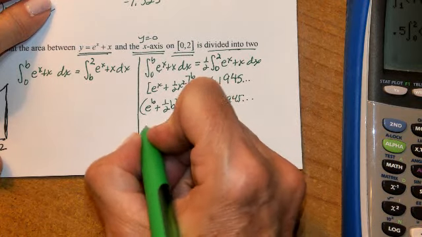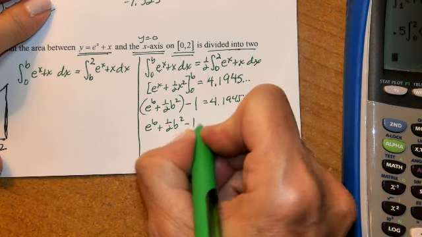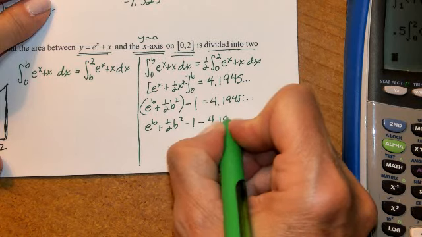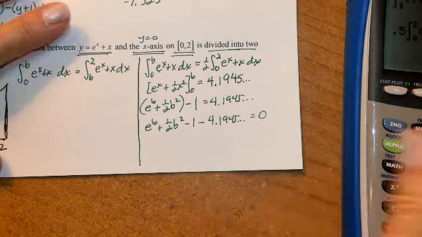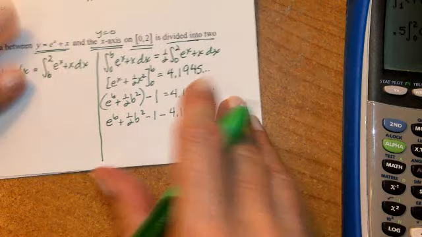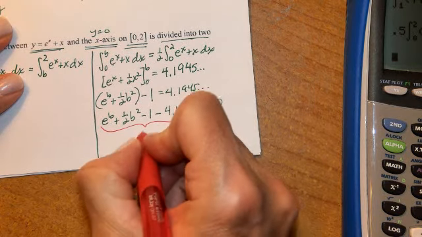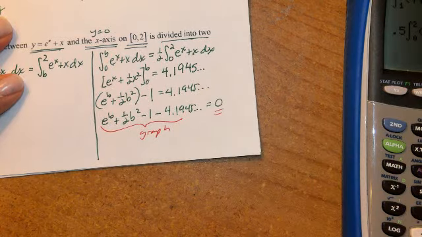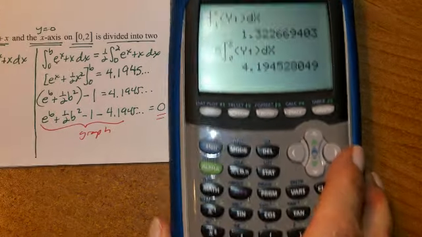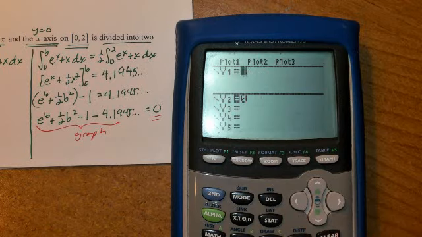Okay? What I would probably do is, in my calculator, I would bring that 4.1945 over, set the whole thing equal to 0, and then graph it. So I'm going to graph that and find the intersection with the x-axis. Okay, so back to calculator, y equals, I'm going to clear that out.